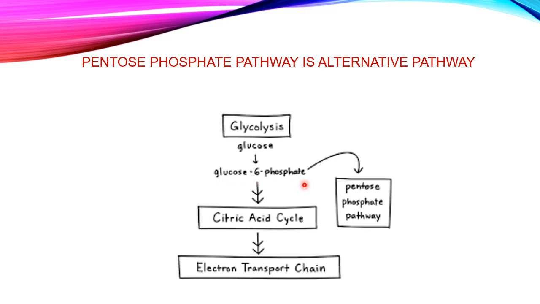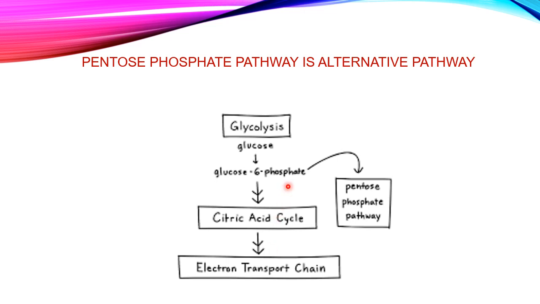And once glucose 6-phosphate is captured within the cell, it can either undergo the general process of glycolysis, where glucose is converted into two molecules of pyruvate, and then the citric acid cycle, and then the electron transport chain. All these are interlinked.